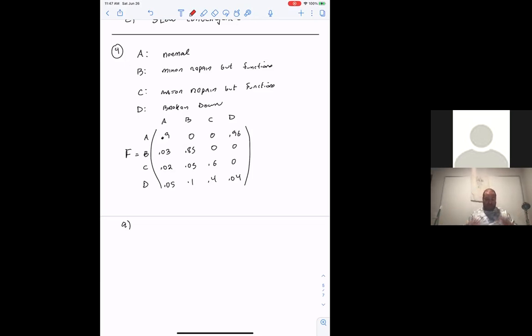So B to A, impossible. C to A, impossible. C to B, impossible. Major repairs don't become minor repairs. So you can't go back. You can't go to a better stage without getting serviced, and you're only serviced if you break down. So B to A is impossible, C to A is impossible, C to B is impossible.